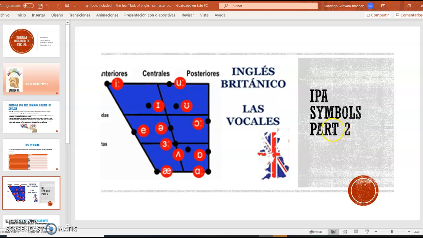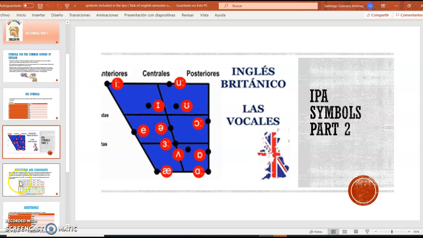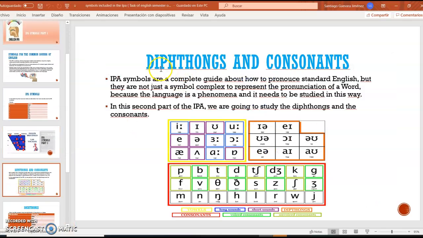IPA symbols part 2. Diphthongs and consonants.